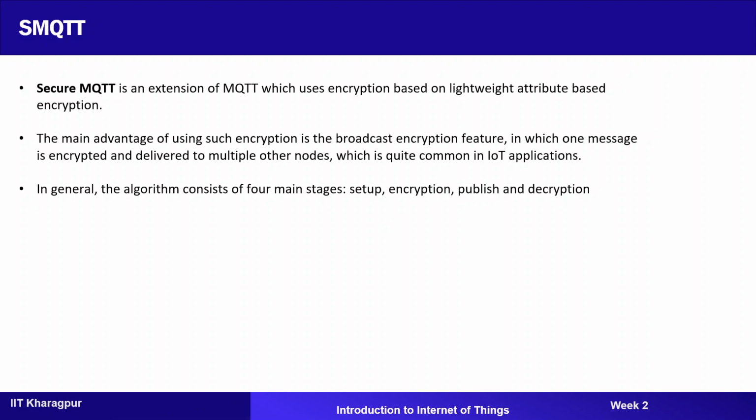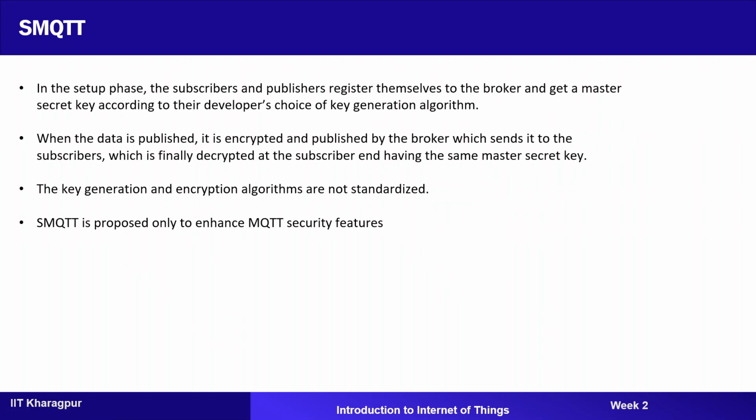Once the connection is established, all the data sent by your publisher will be encrypted, and then it is published to your subscribers, and once it reaches your subscriber end, the data will be decrypted again. These are the steps I have mentioned in the previous slides only. The key is common to all the components, and with the help of that key, the encryption and decryption take place.